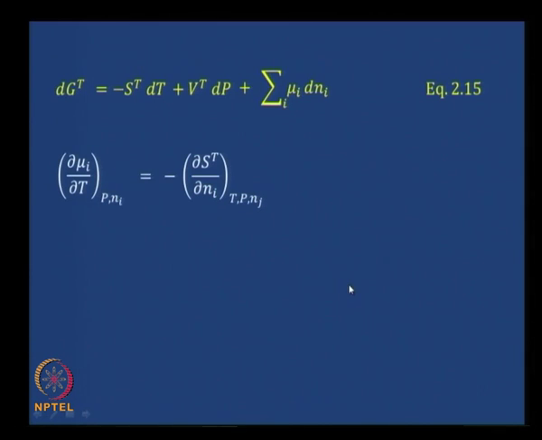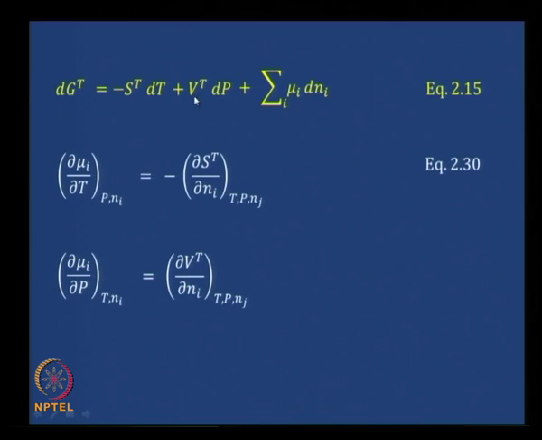Before that, let us call this equation 230. Let us do this once again to get other useful relationships. ∂mu i/∂P at constant T and all ni equals ∂Vt/∂ni at constant T, P, all nj's different from ni remaining constant. We had considered these two terms while writing this equation. Let us call this equation 231.